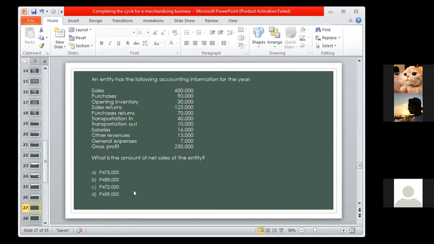Medyo marami, pero ito lang naman ang tinatanong, yung net sales. So, yun lang yung mga hanapin mo diyan. Hanapin mo lang yung mga importante. Nandiyan yung mga tinatanong lang sa net sales. Okay, so what's your answer?